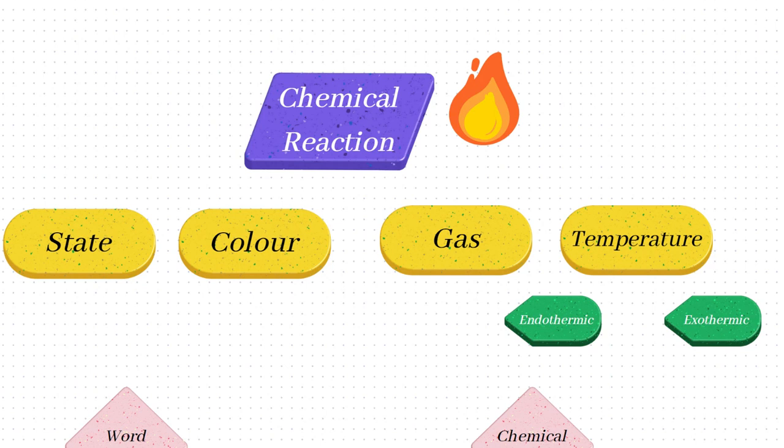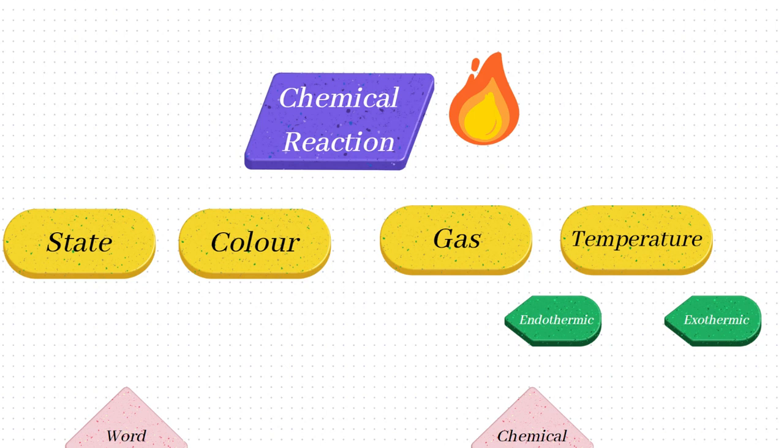Now we can see a change in temperature. This is a very important topic. There can be two types of temperature change, that is endothermic or exothermic. What is this actually? Endothermic means something which absorbs heat. You can remember it like endothermic, that is entry. Exothermic means exit.